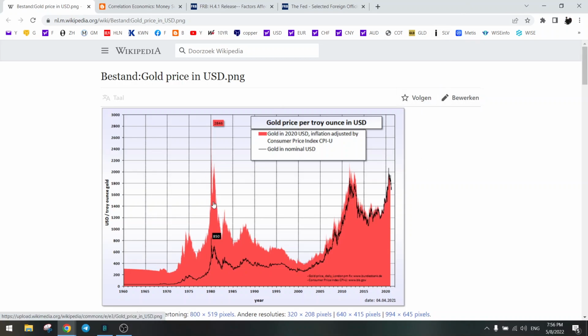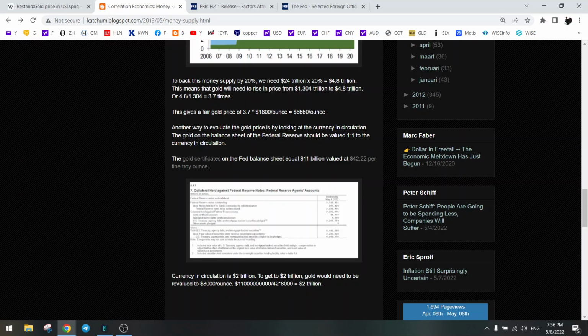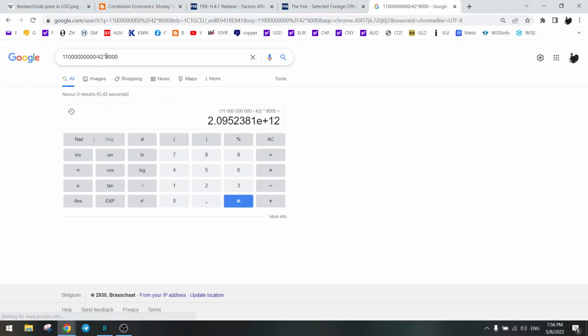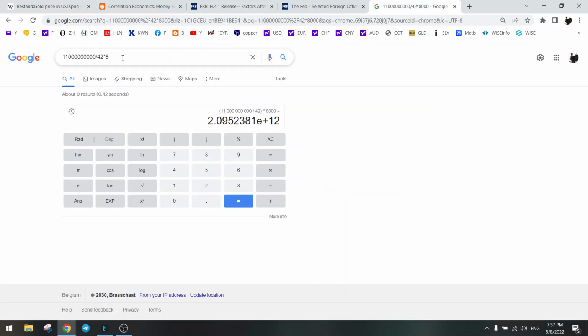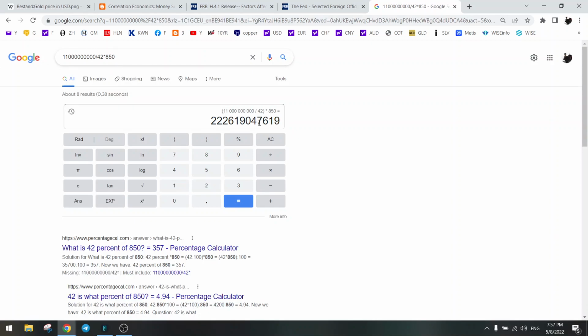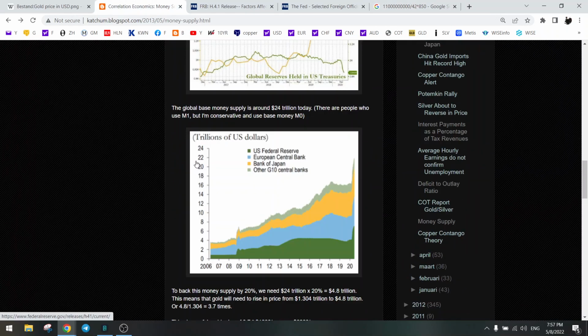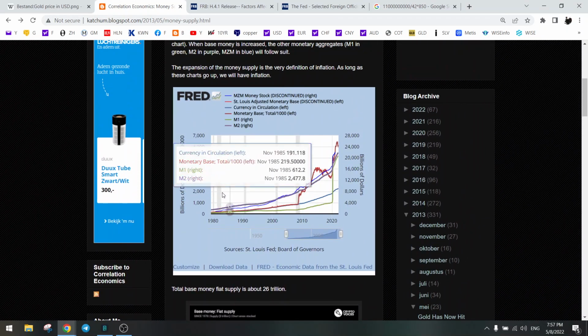Now, another very interesting thing to know is this peak here. So that's the peak of 1980. If you do the calculation of this here, and you use the 850, this 850 here, then you get 200 billion. 200 billion, and you recall what's this 200 billion?